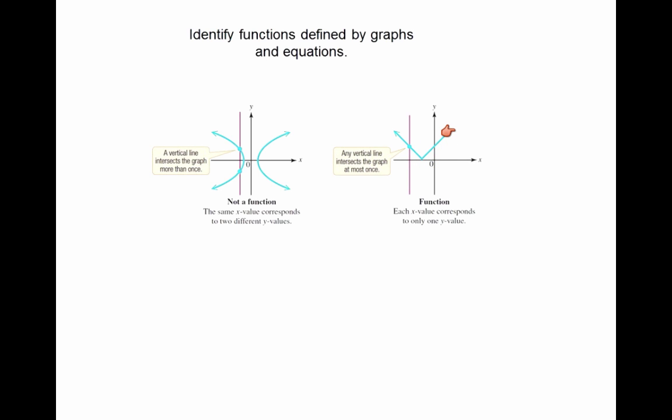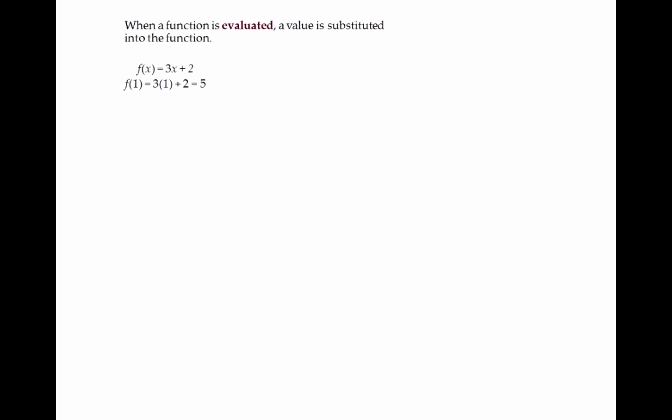Sure is, because if I draw a vertical line and move that vertical line, it's only going to intercept this at one point throughout the whole graph. So this is a function. This is not a function.